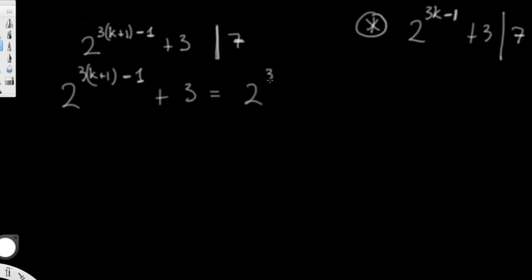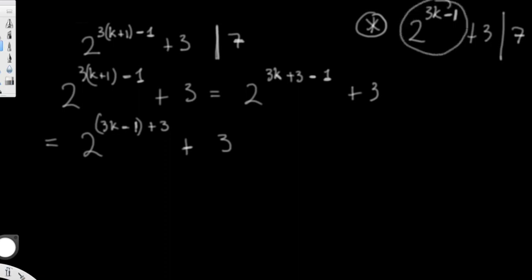Okay, so first of all, let's multiply out those brackets. So that's 3k plus 3 minus 1 plus 3. This is 2 to the power of 3k plus 3 minus 1, and that plus 3 is still there. I'm going to take this piece here separately, because I'm angling towards getting this thing here. I'm going to use my laws for indices to separate this into that times that.